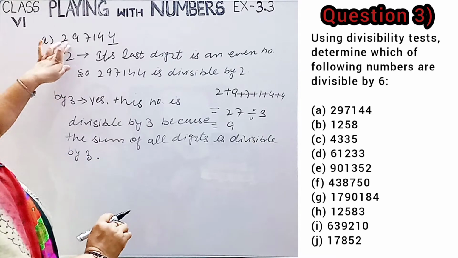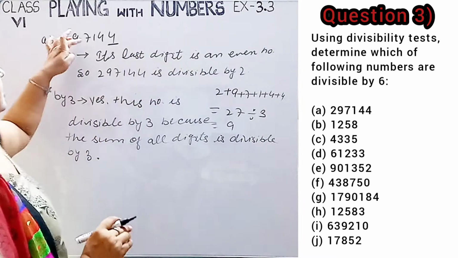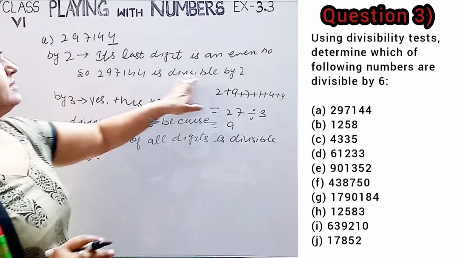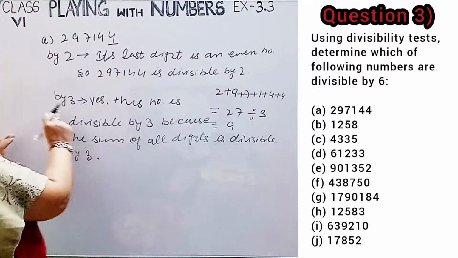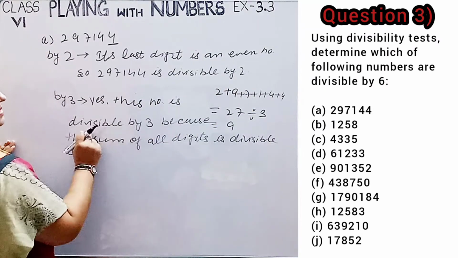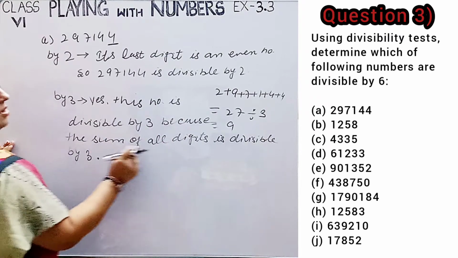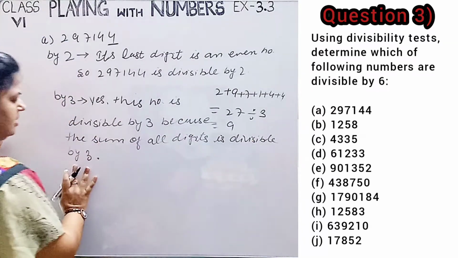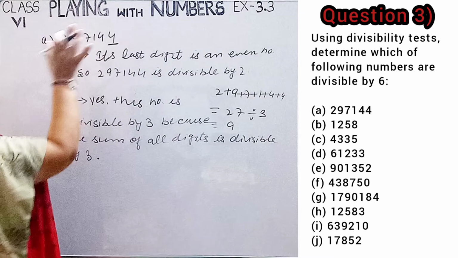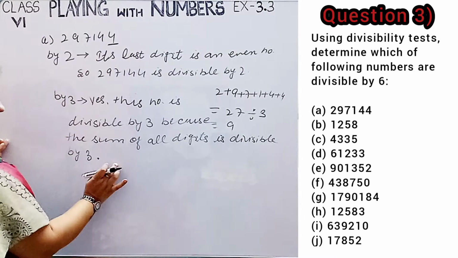So here by 2, its last digit is an even number. So this number is divisible by 2. By 3, yes, this number is divisible by 3 because the sum of all digits is divisible by 3. So this number is divisible by 2 and by 3 also.